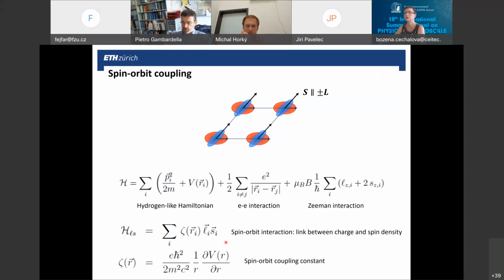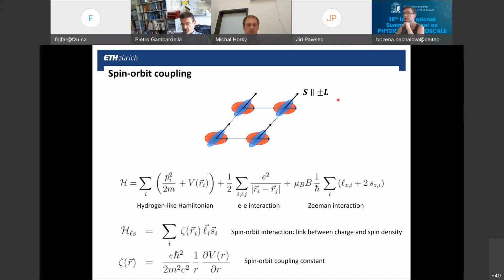Now, this is important because the orbital moment, as the name says, comes from the orbital wave functions, and so it is inherently related to the symmetry of a crystal lattice, whereas the spin moment per se is an isotropic quantity. So the spin-orbit coupling links the spin magnetic moment, which is actually the largest one in solid-state systems, to the orbital moment, and so it links the spin magnetization to the lattice symmetry.